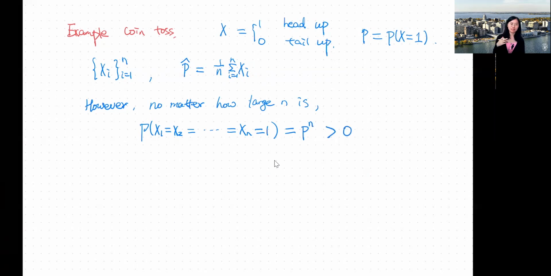The key is that this probability is positive no matter how large n is. And in the state of the world where all of the coin tosses turn out to be 1, p hat equals 1. So the probability that p hat equals 1 is always positive, no matter how large n is.